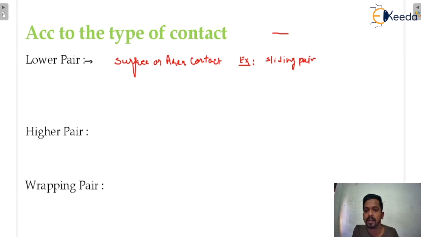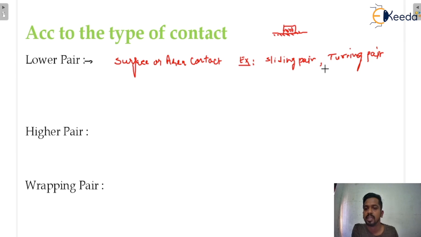For example, if there is a slider running on a surface, that will make a lower pair because the ground and the slider make surface or area contact. The second example is the turning pair, which is also considered a lower pair.